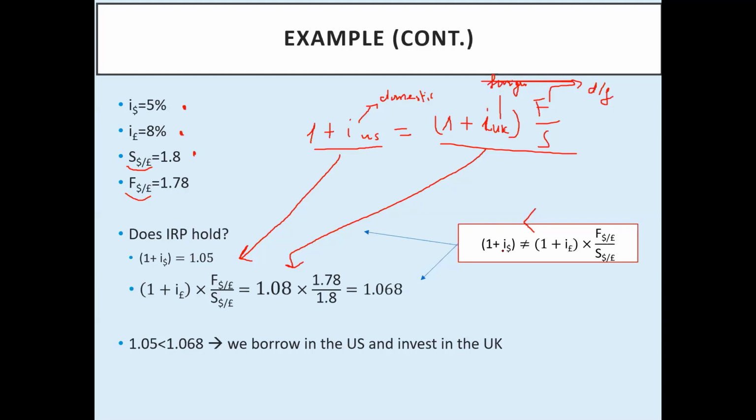Also, for these questions, we are going to assume that borrowers and lenders can lend and borrow at the same time, at the same rate in each of the countries, okay? So here, because borrowing in the US is cheaper, we are going to borrow in the US.